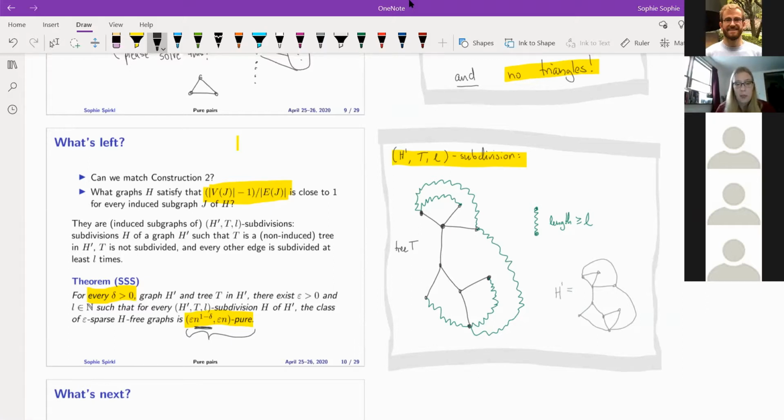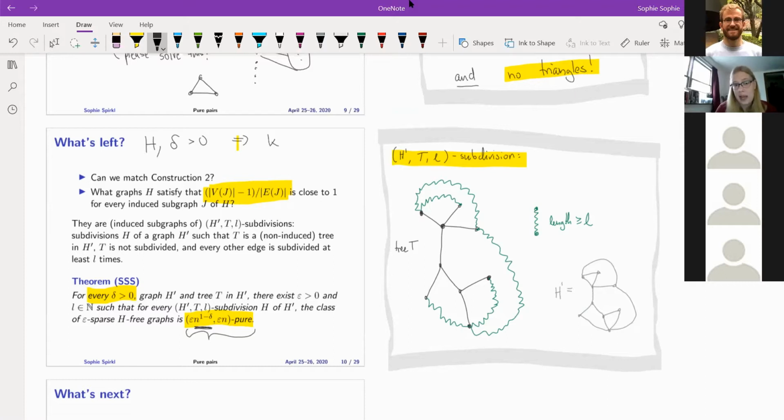And we can, in the sense that if you give me your favorite positive delta, then I can tell you, here's a k, and if you take your favorite graph, well, you should also tell me your favorite graph H in advance.